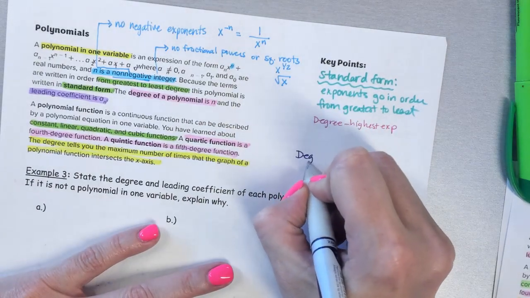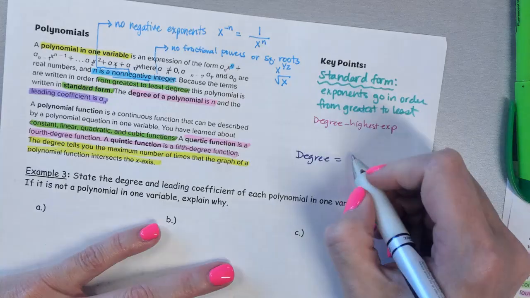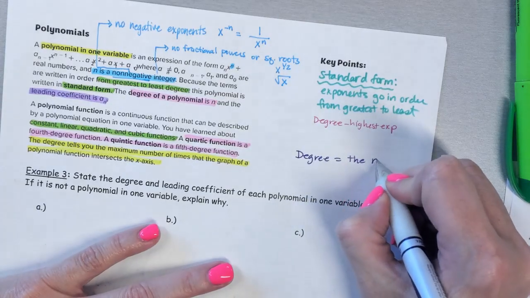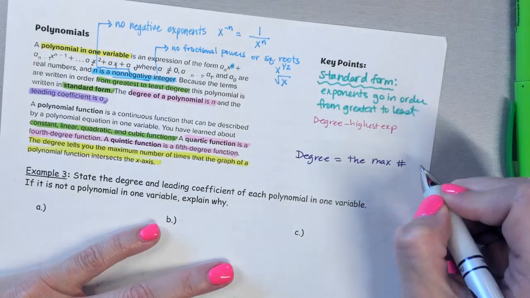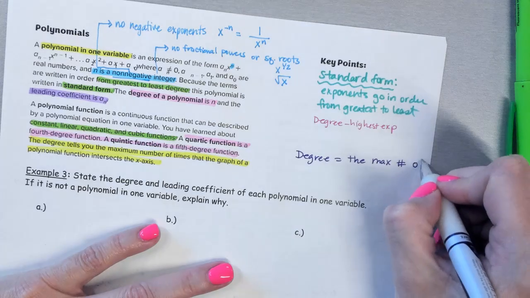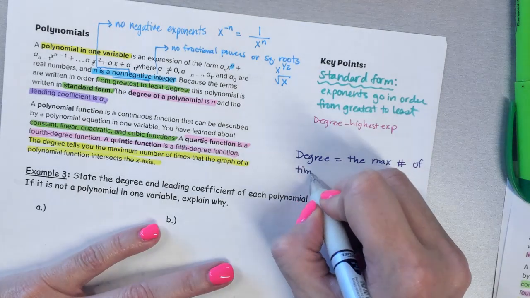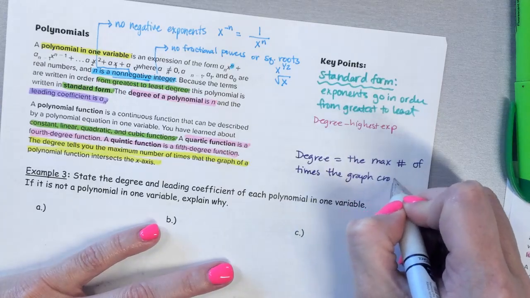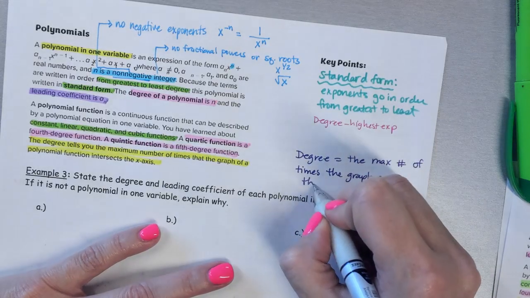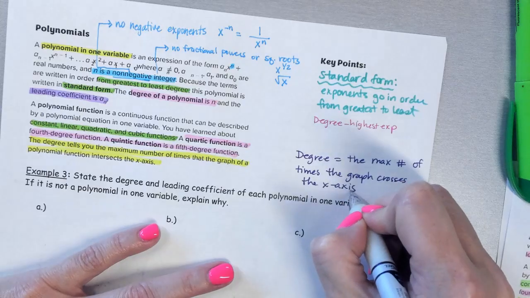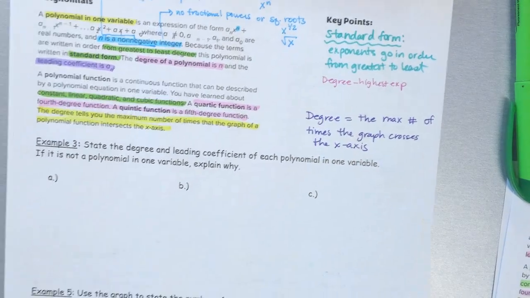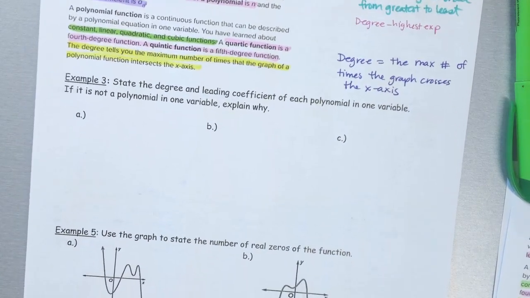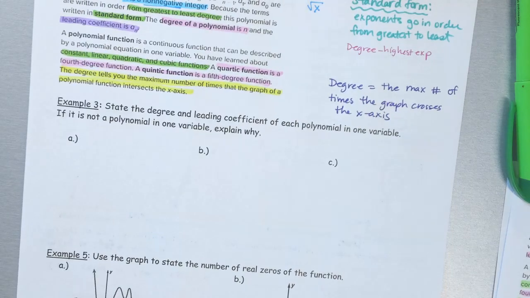So whatever your degree is, that's the max number, the most amount of times the graph crosses the x-axis. Okay, so if the degree is 5, it couldn't cross more than 5 times. It could cross less, but not more.